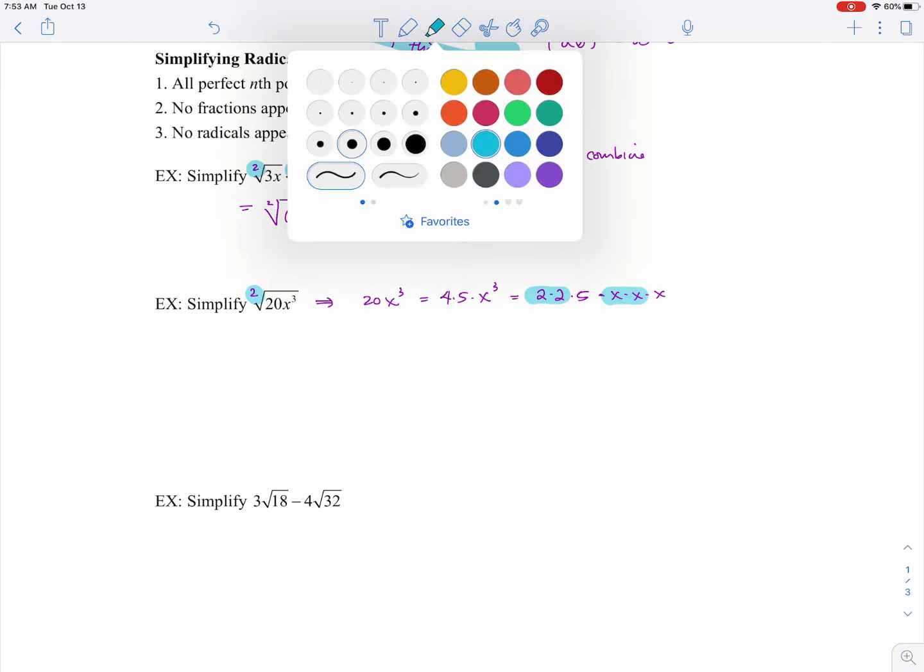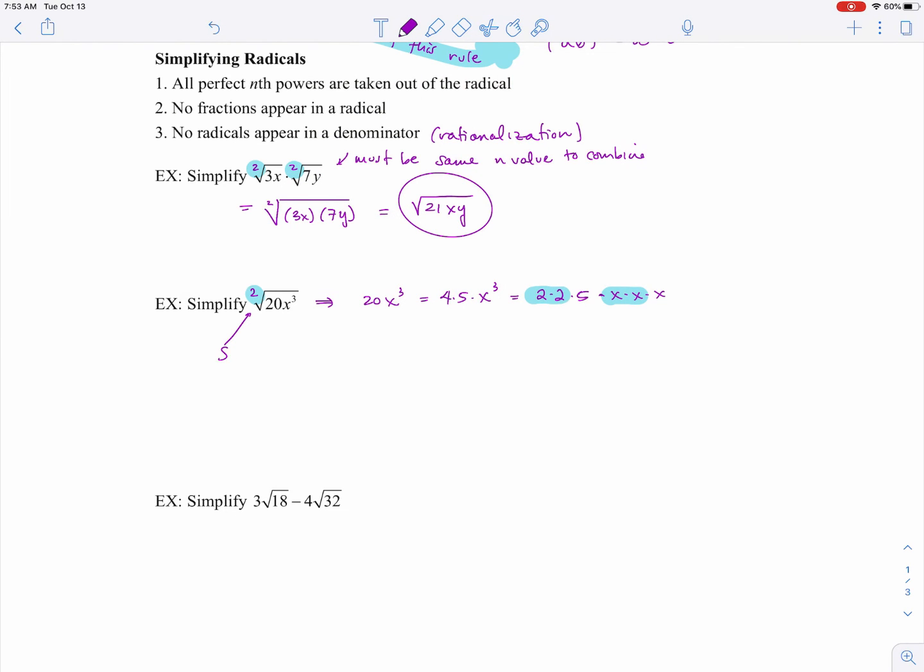Because this is a square root, we want these to occur in pairs of factors. If it was a cube root, we'd want them to occur in triplets, and a fourth root in quadruplets, and so on and so forth.